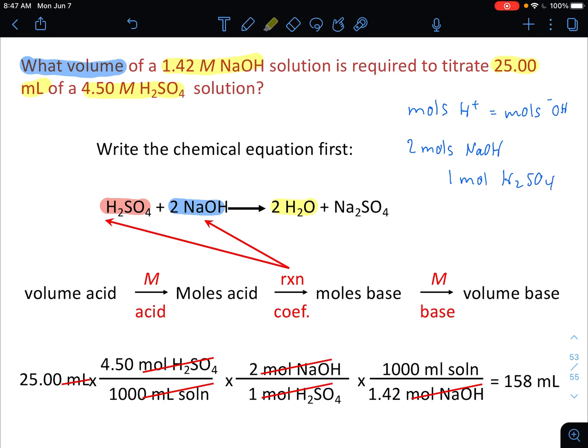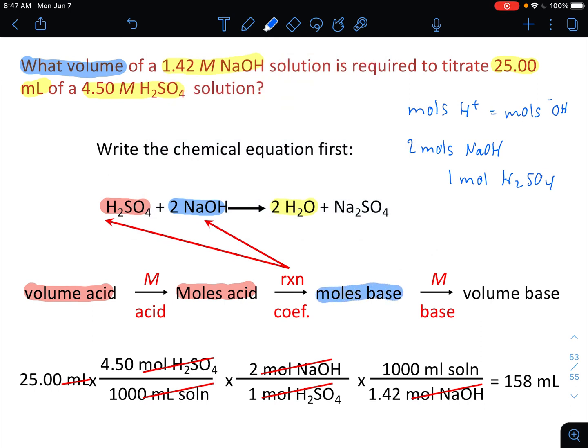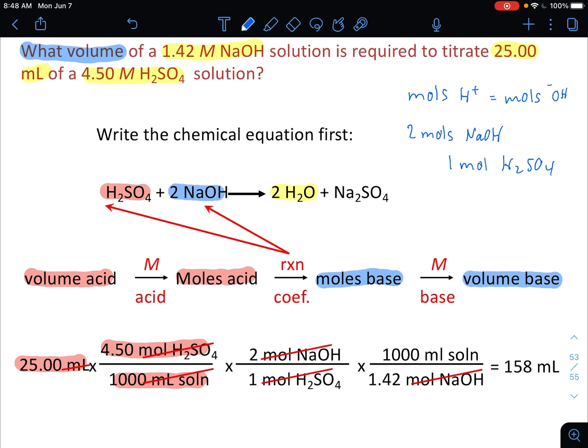So we can follow our same plan, right? Volume of acid to moles of acid, then using the balanced equation to get to moles of base, then flip the molarity over to get to volume of base. So we can follow that through. 25 milliliters of acid, I multiply by its molarity, so milliliters acid to moles acid.